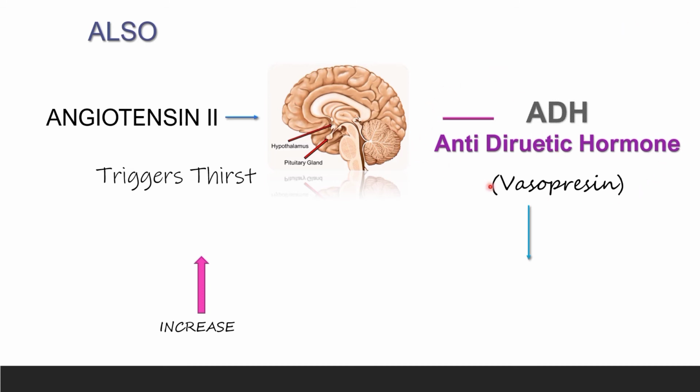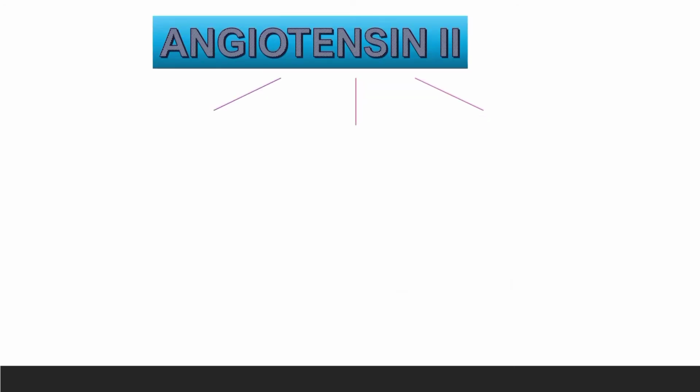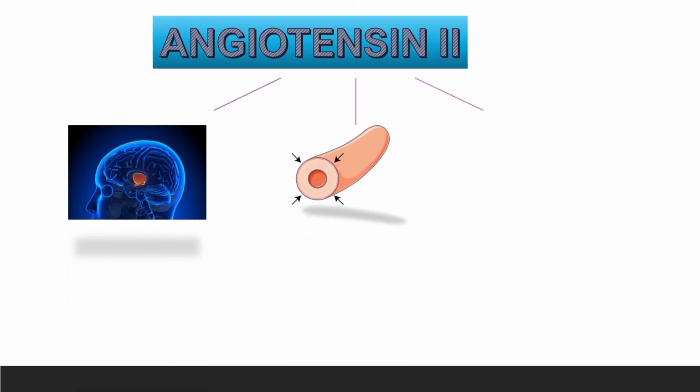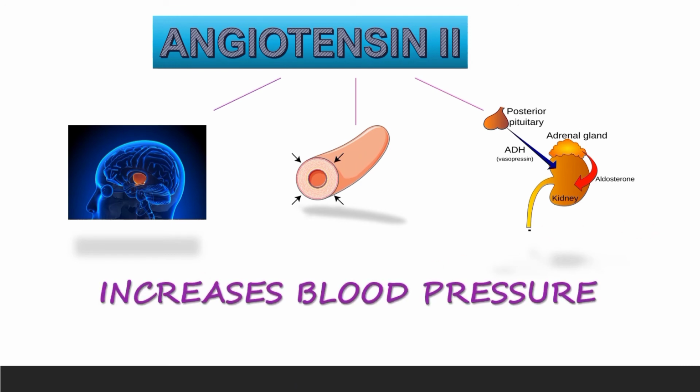Vasopressin helps water reabsorption, so water reabsorption increases in the nephrons, decreasing dehydration and hydrating the body more. As water reabsorption increases, the volume of water increases, causing an increase in blood pressure. So angiotensin 2 acts on the brain, on the vasoconstrictor, and on the adrenal gland to produce aldosterone. These three help to increase blood pressure.